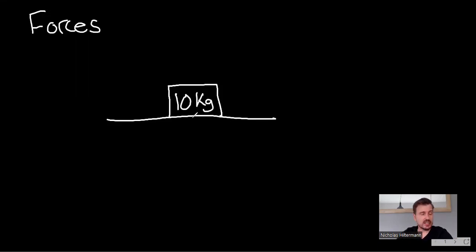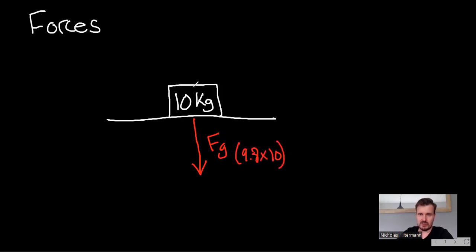So if I have a 10 kg block, I obviously have force acting downwards, which will be mass times acceleration, right? Fg. And this would be 9.8 times 10.